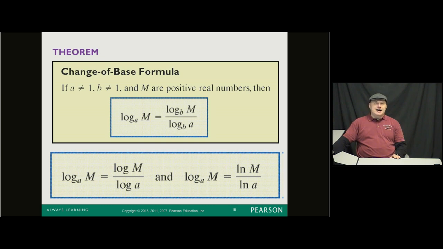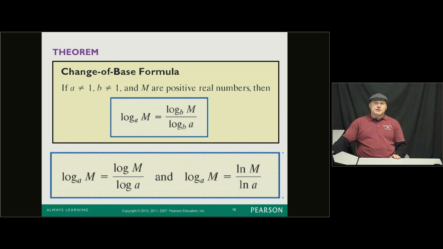Because if you change base A to base 7, for example, the log base 7 of m, you can't do that one either because you don't know what base 7 is on a calculator. The reason they're choosing these two on the bottom is because they know you can use your calculator. So the last two on this screen are also the change of base theorem, but specifically using base B to base 10 on the first one and base B to base E on the second one. And again, that second one is my favorite. Log base A of m is the natural log of m divided by the natural log of A. But you can use common logs as well.